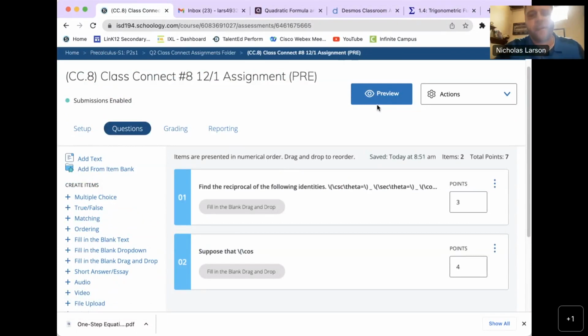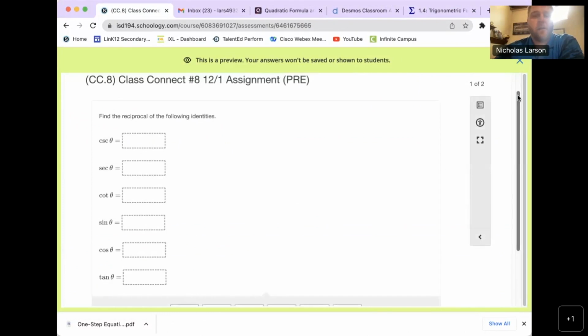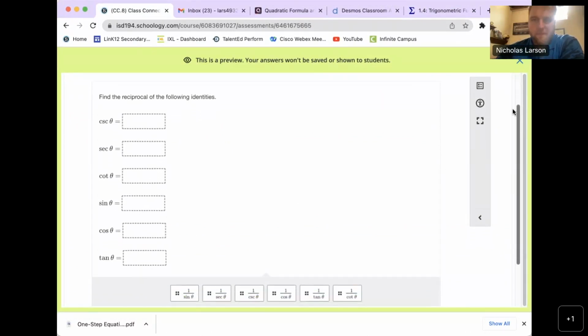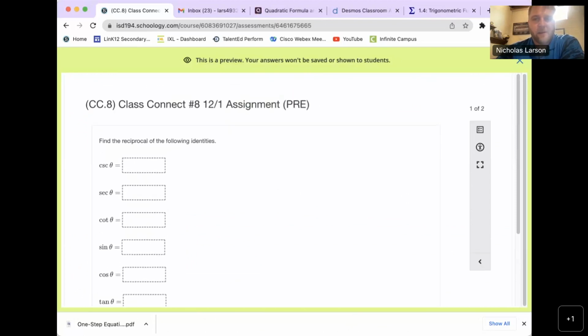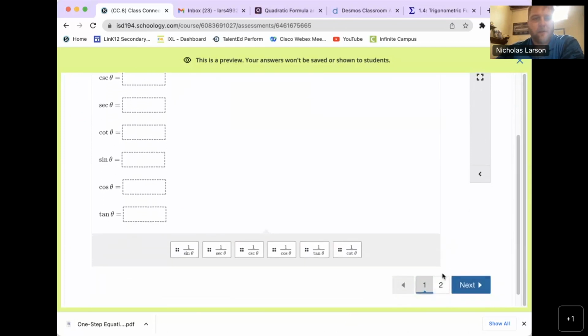Hopefully you understood something. I would review either your notes or go back and find where we talked about the reciprocals of all of these. So go ahead, match those up to find the reciprocals. Again, it's good to know if you have to check, but it's better to memorize. That way you can hopefully work a little bit faster.